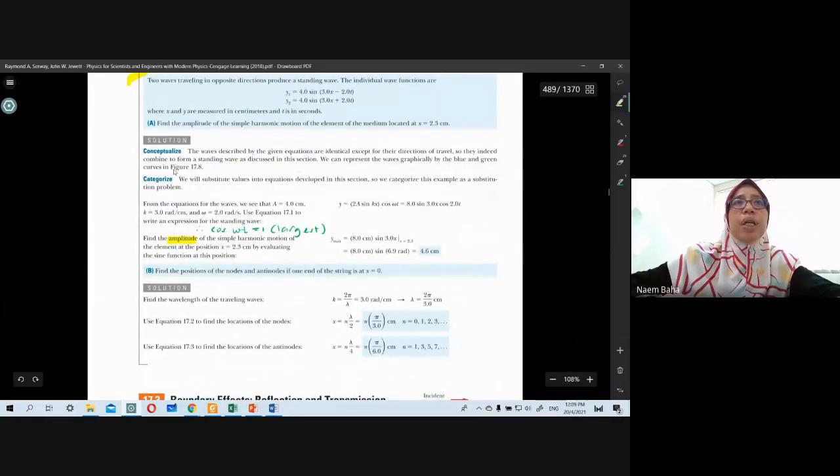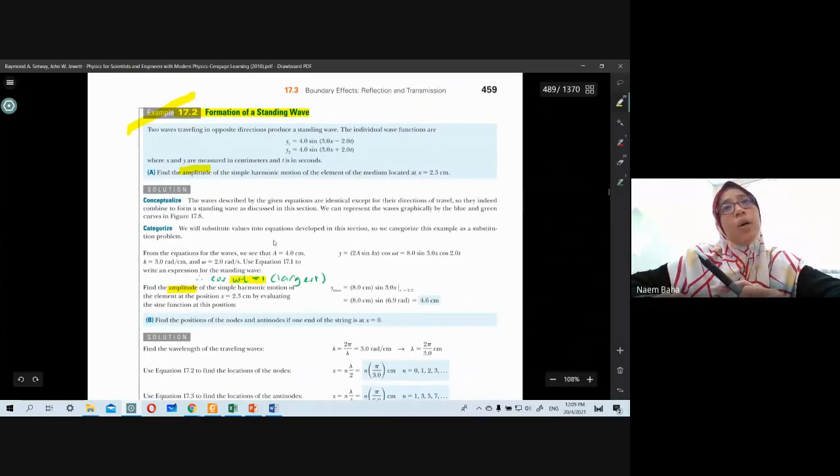Since we are interested to find the amplitude, the keyword is amplitude. Amplitude is the largest, and therefore that should give us cos omega t, the value of omega t, the largest as well, right?